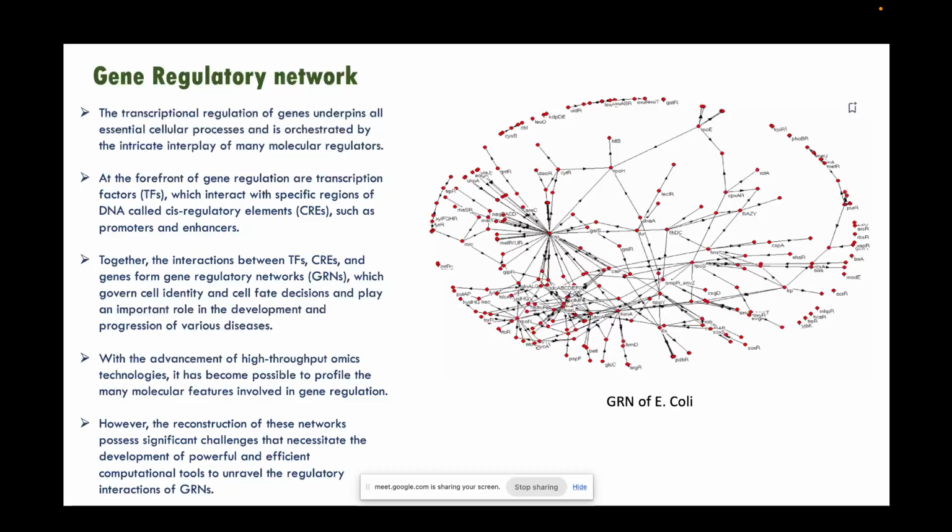Mutations or different types of variations in these genes can cause different diseases. If a transcription factor is affected, and that transcription factor is involved in regulating five other genes, most probably the expression of those five genes will also be somehow affected.